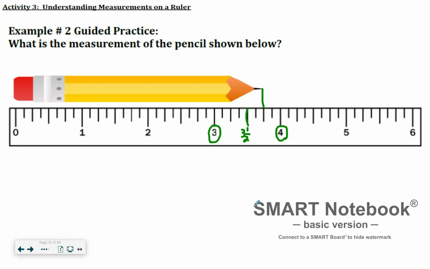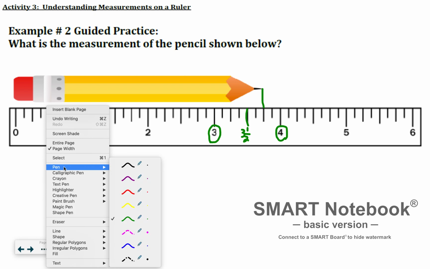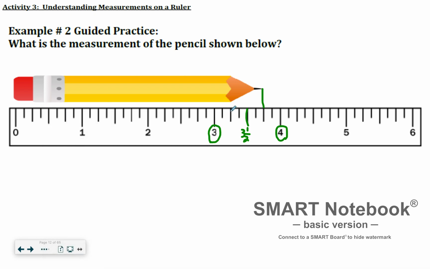Now, let's find the tick marks for the quarters. These partition the whole into 4 parts. What does each stand for? So using a different color, this is 3 1/4. That's 3 1/2, and this is 3 3/4.